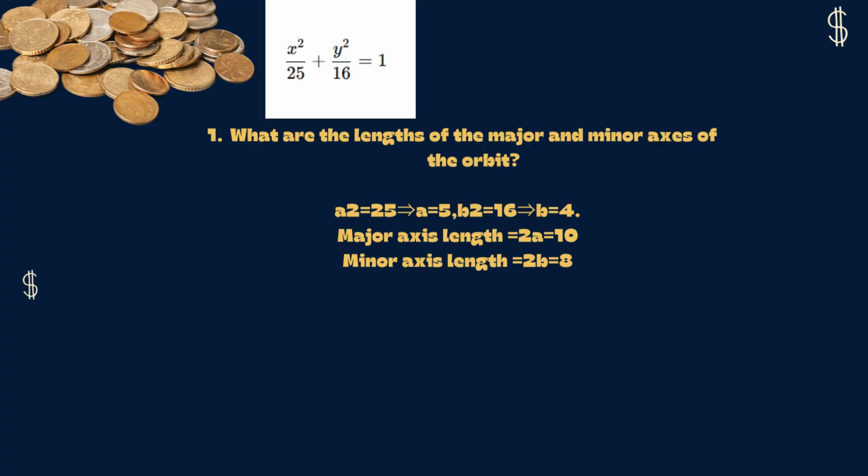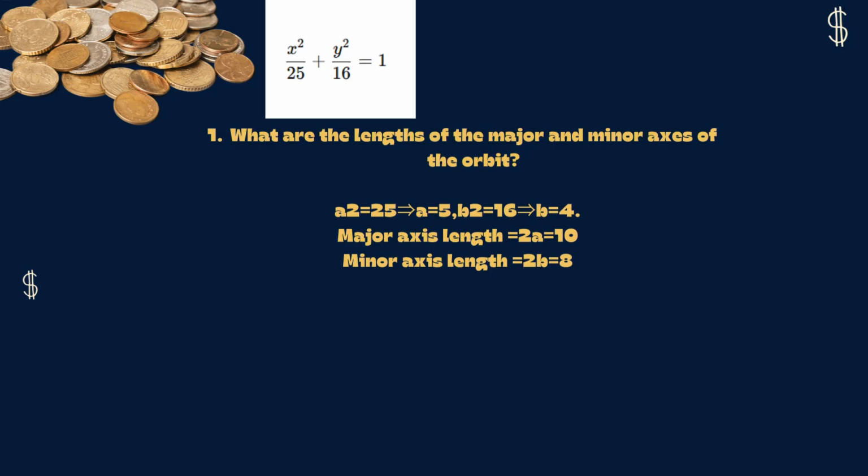So what you will do is take the square root. The square root of 25 is a equal to 5. Now we move on to b. The square root of b squared, 16, is equal to 4.